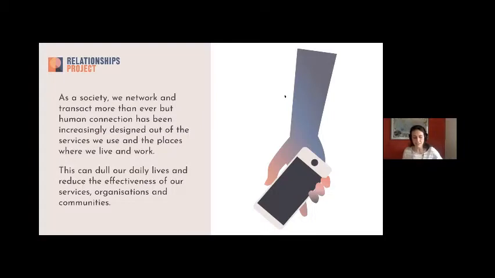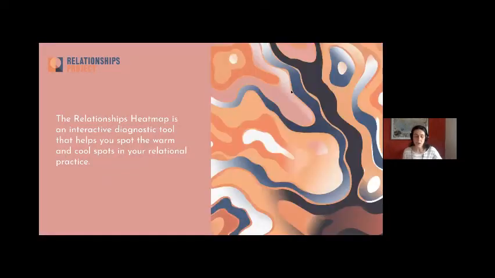Everything from the layout of our spaces to the language that we use when we're talking about what we do can affect the relationships that we build within our organizations or within our services. So we've developed the Relationships Heatmap, which is an interactive diagnostic tool that helps you to find the warm and the cool spots in your relational practice.